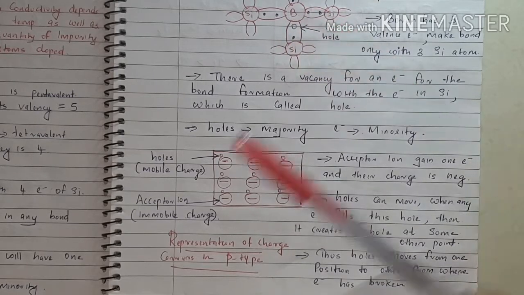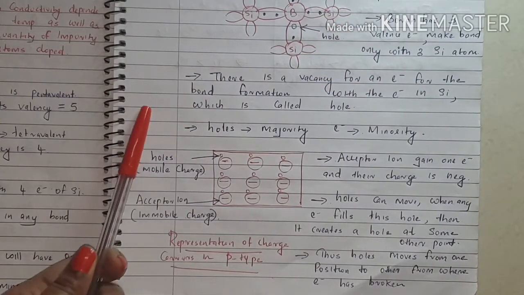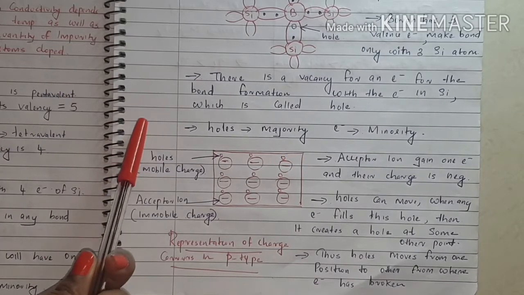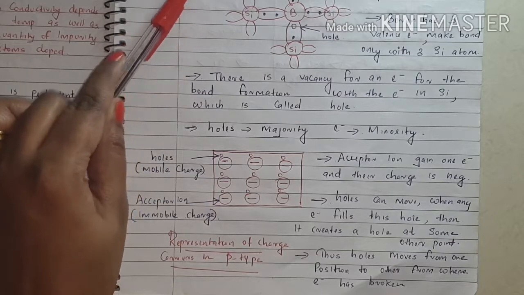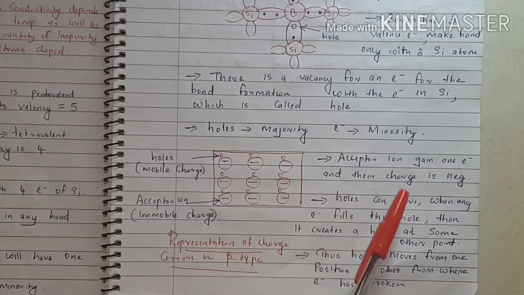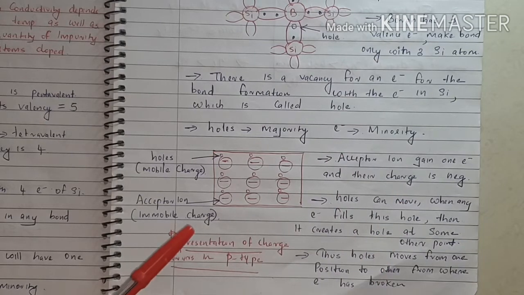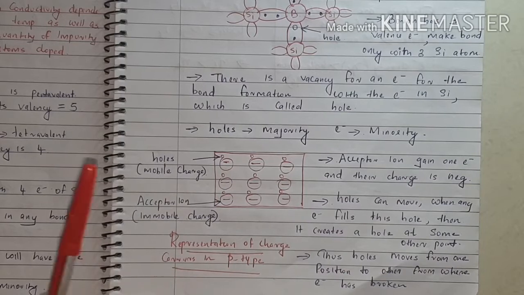This vacancy for an electron is called a hole. So every impurity atom added to the structure creates an extra hole. So here in the P-type semiconductor, holes are majority carriers and electrons are minority carriers. Here is a representation of charge carriers in P-type.